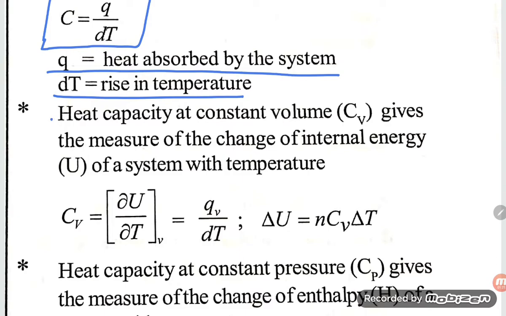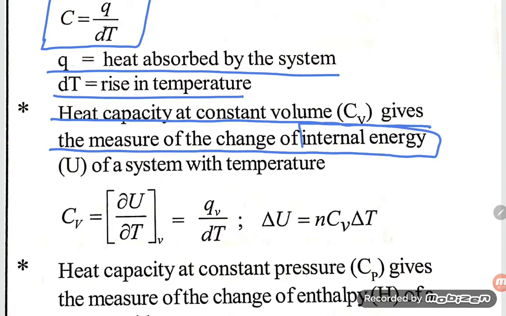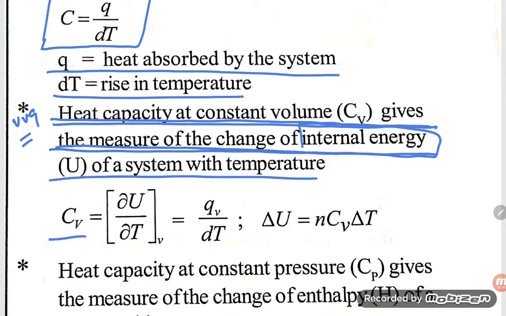Heat capacity at constant volume Cv gives the measure of the change in internal energy. Okay, that is a very important point, students, that you keep in mind. That is, heat capacity at constant volume Cv gives the measure of the change in the internal energy, that is U, of the system. So Cv is equal to delta U by delta T, or dU by dT, so equal to Qv by dT.